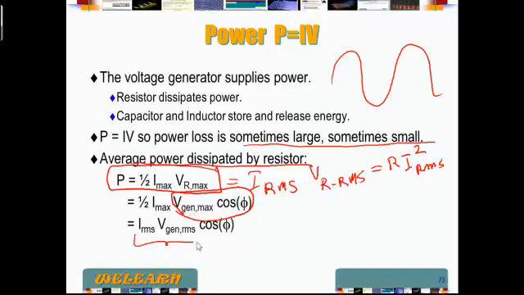So the power dissipated in terms of the voltage across the generator can also be written, this 1/2 can be embedded in these values to get the RMS values, IRMS, Vgen RMS, cosine of phi. So you take your pick. It's IRMS VR RMS or IRMS Vgen RMS cosine of phi.